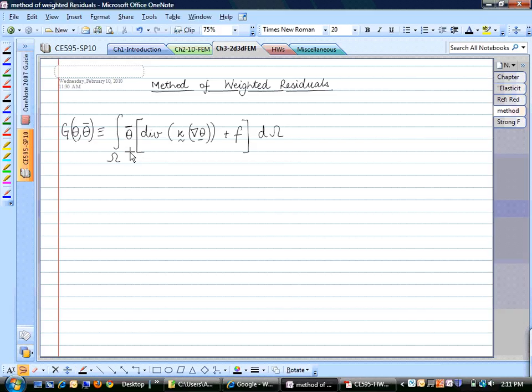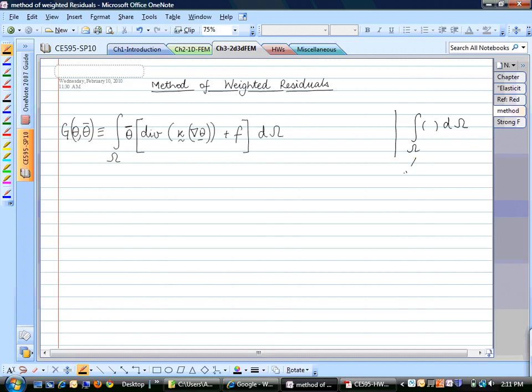Let me write this in a slightly different notation. But before that, I need to point out that this integral over omega in 2 dimensions is actually a double integral. In 3 dimensions, it is going to be a triple integral.